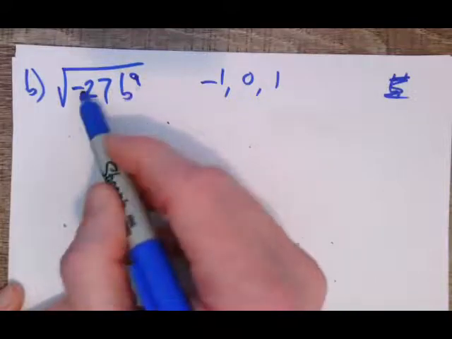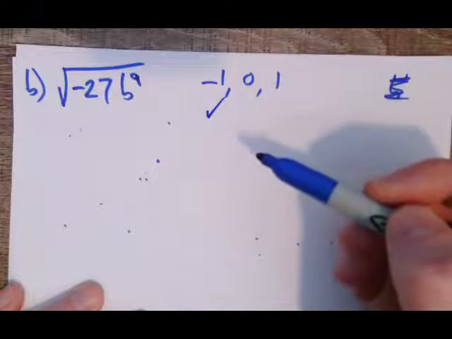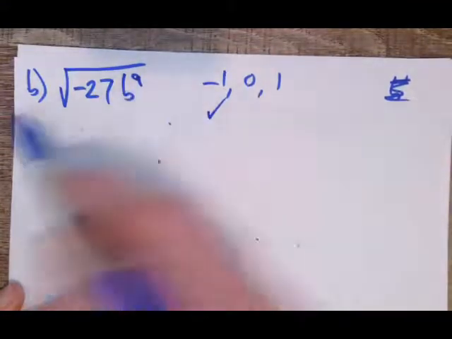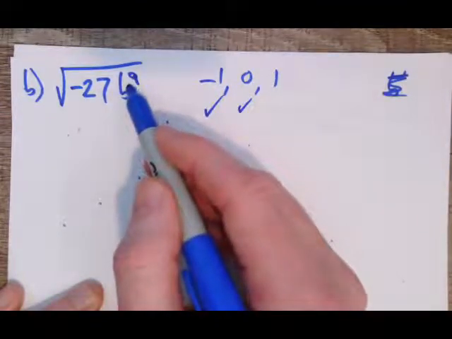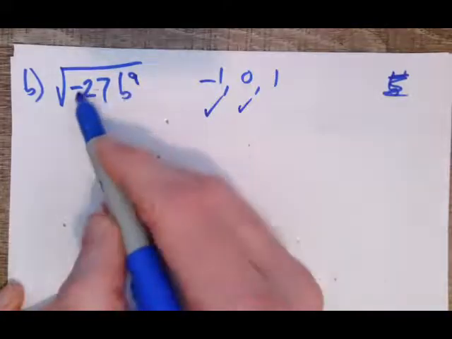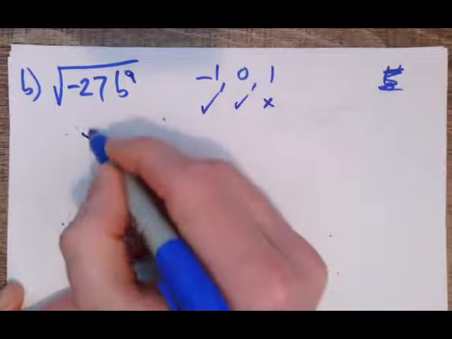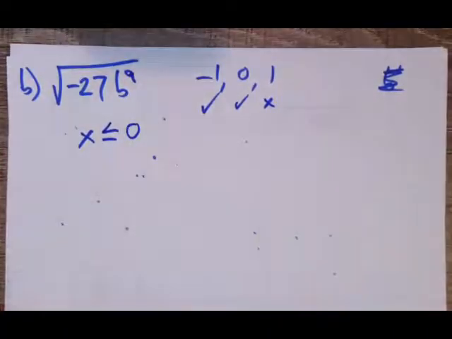So you have -1, -27 times -1 is +27. That's what we want. We want it to be positive or 0 under here. 0 makes everything 0. +1, 1 to the 9th is 1, and 1 times -27 is a negative number. X has to be less than or equal to 0.